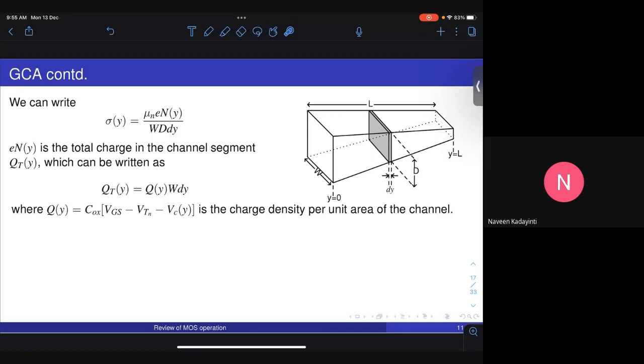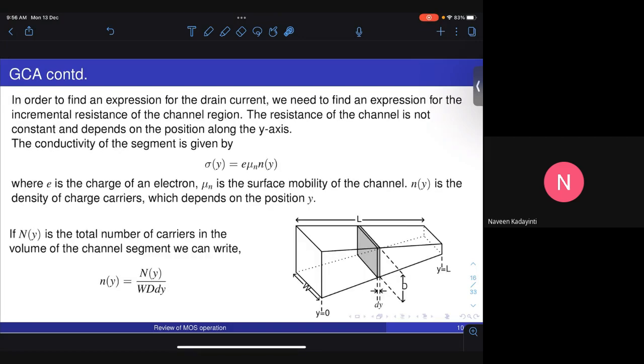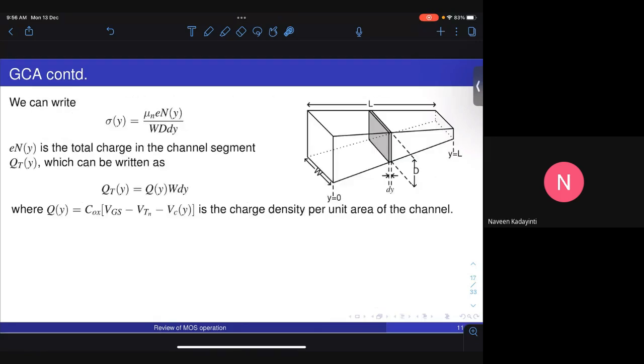So now we can write this incremental conductivity of the channel, sigma of y, as mu n into e into, what we have done is we have replaced this density of charge carriers with this expression here in terms of the total number of carriers and the volume of the segment.